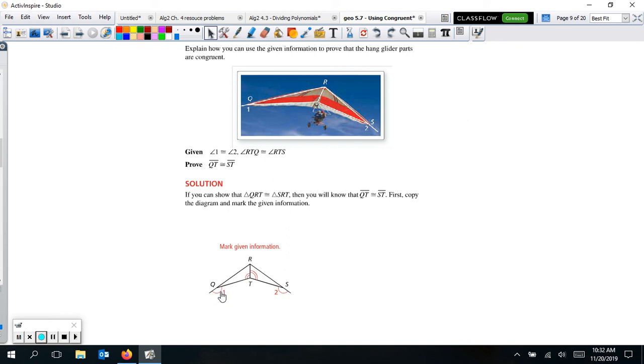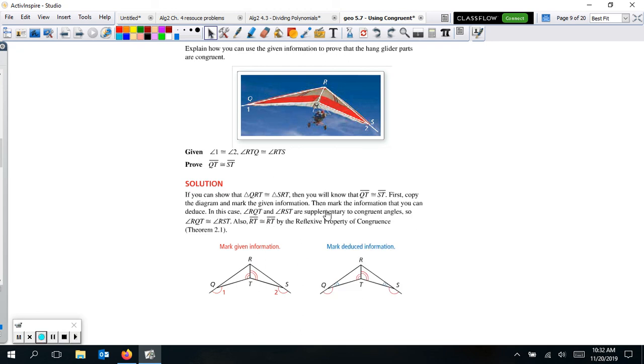If we know that angle 1 and angle 2 are congruent to each other, and these are both supplementary, a linear pair with this line from R to Q, we know that this angle and this angle are also going to be congruent. That's the marked information that you can deduce.